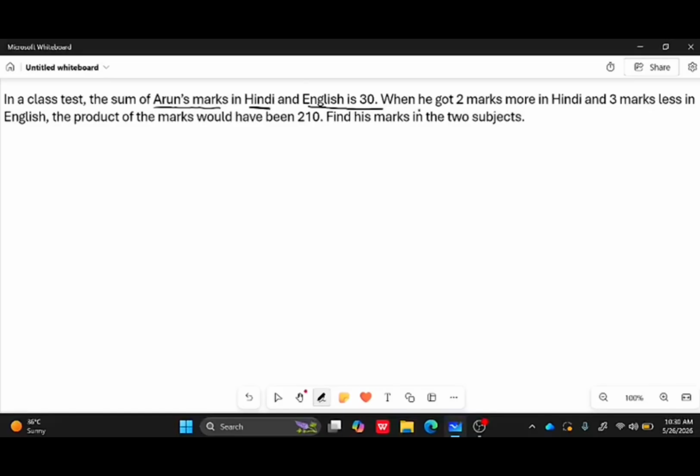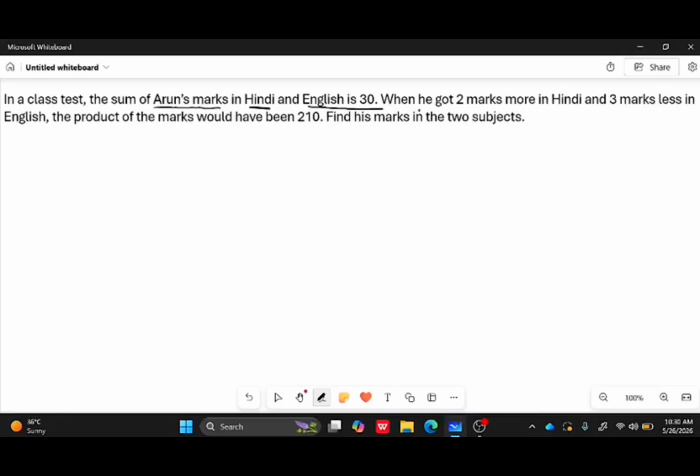So let us start. As we don't know what the Hindi marks are that Arun has scored, and the English marks, but we know that the sum of these two subjects is 30.